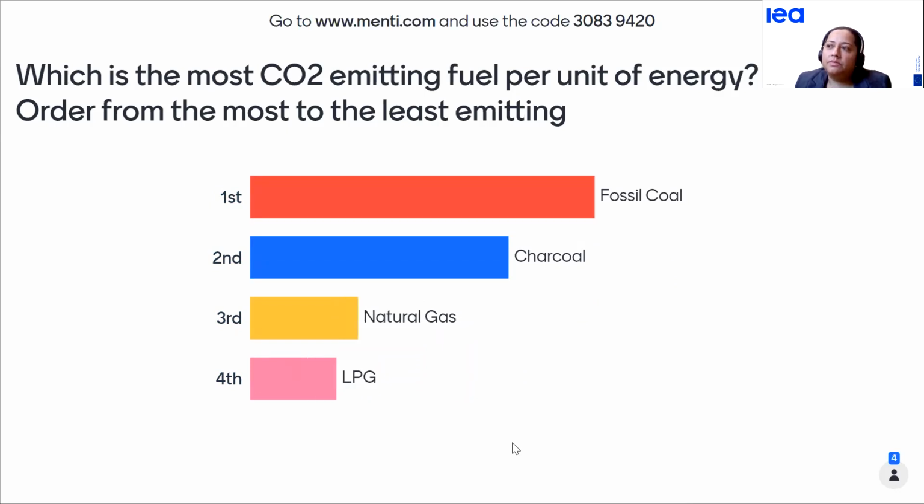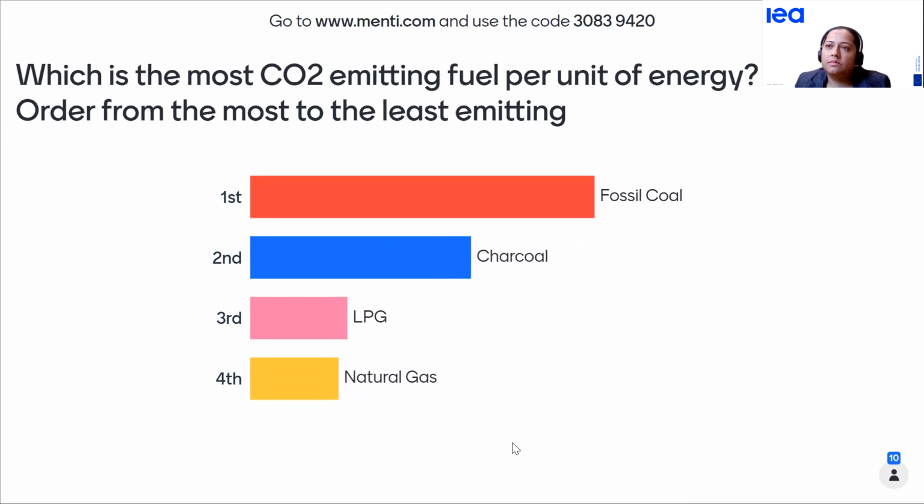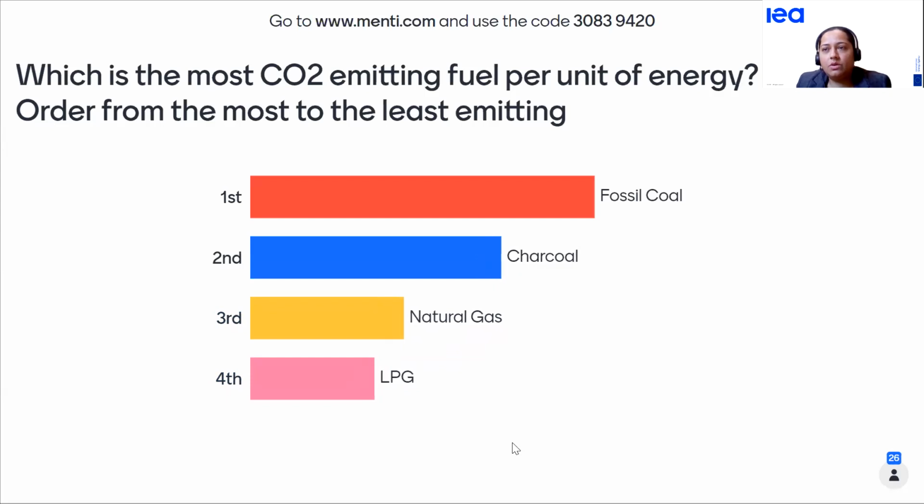So we have a few that are replying. Excellent. So let's wait a bit more. For the first one, indeed, you're right. The most emitting one is coal.